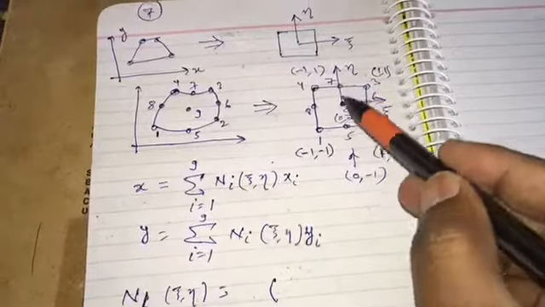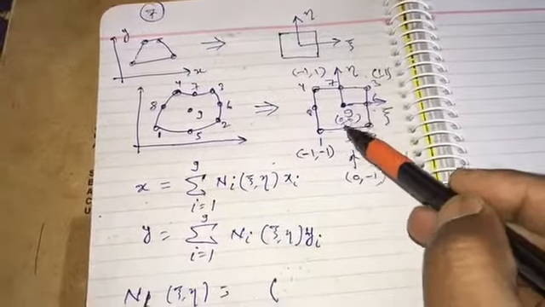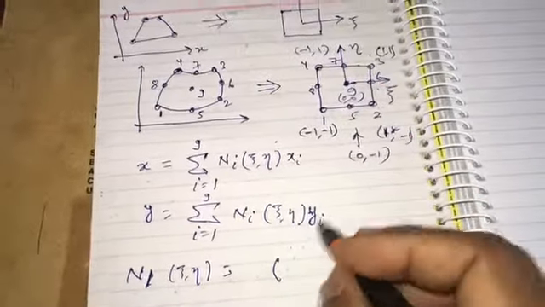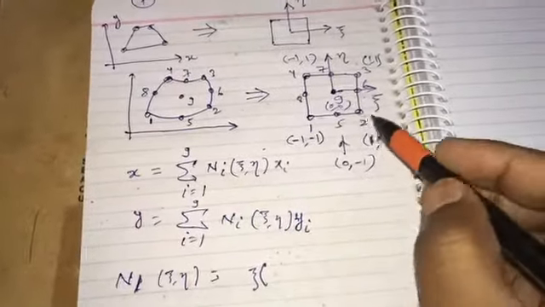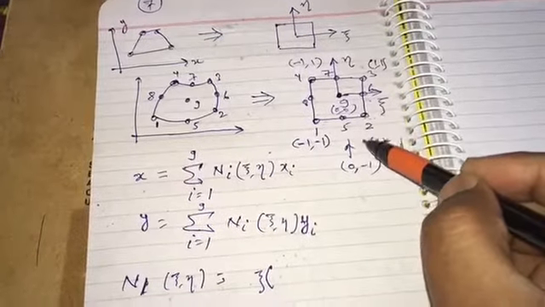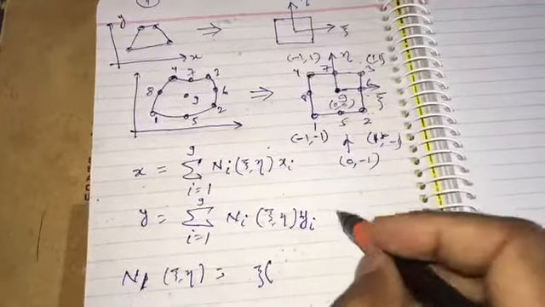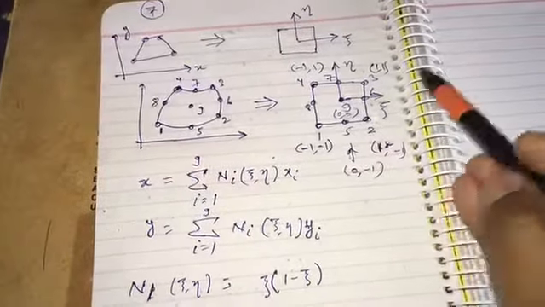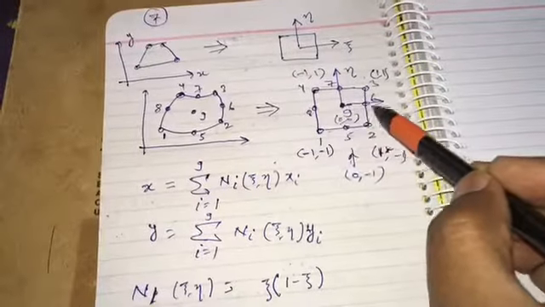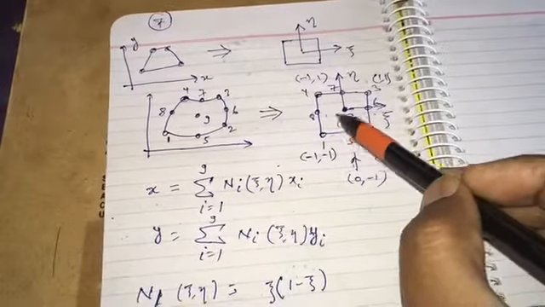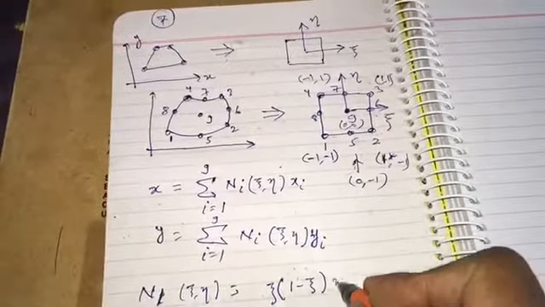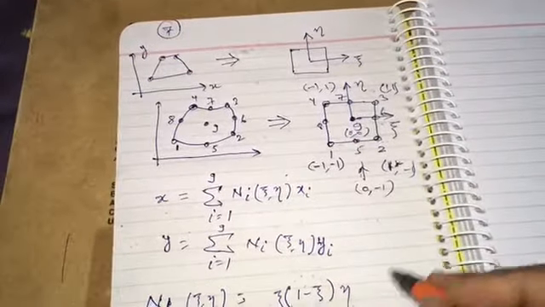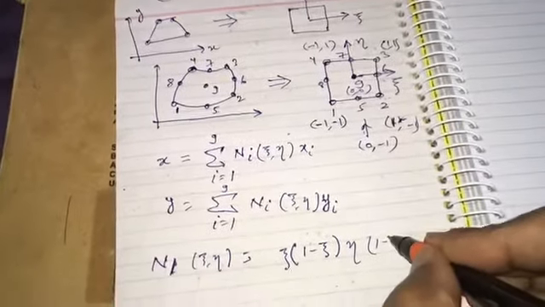This line is xi equal to 0. So simply we will have xi here, and this line is xi equal to 1. So we will have 1 minus xi term here. Similarly, this is eta equal to 0 term, so we can write eta here, and this is eta equal to 1, so 1 minus eta term will be like this.